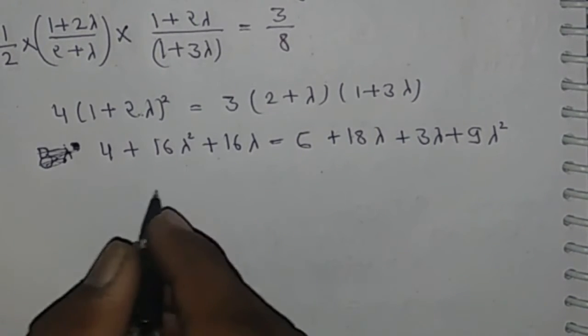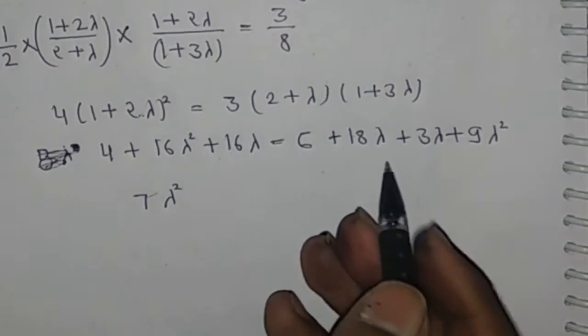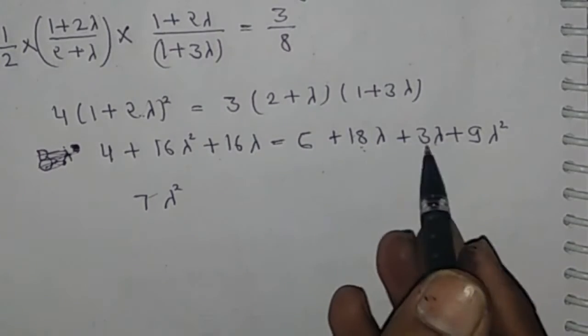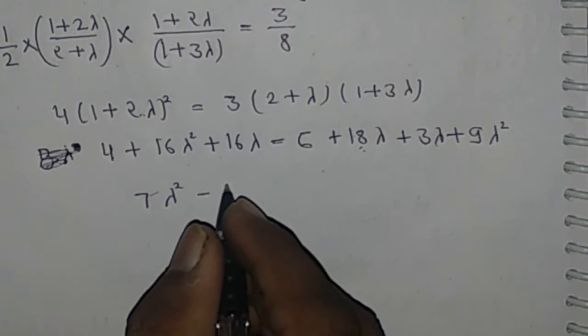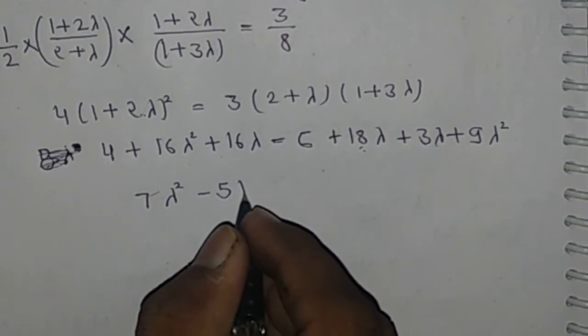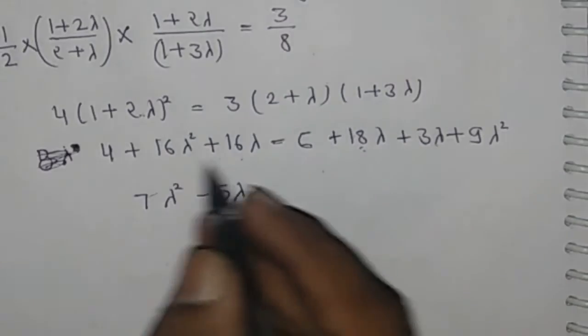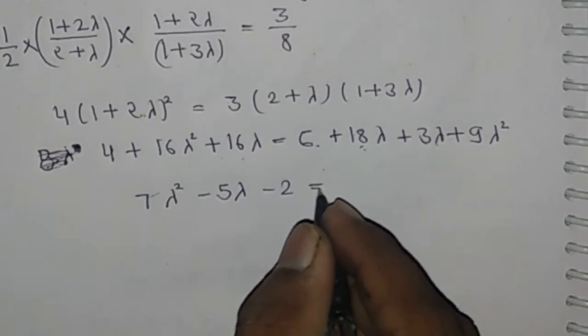Now 7 lambda square is 18 plus 3, 21, 16 minus 21 is minus 5 lambda, and 4 minus 6 is minus 2.